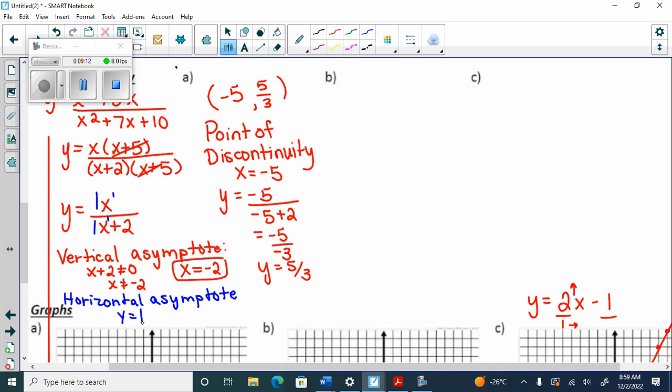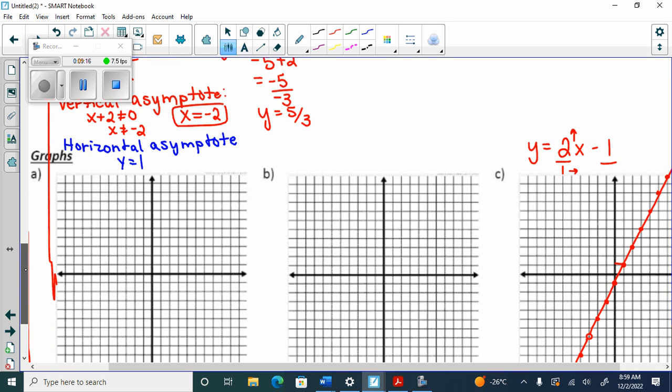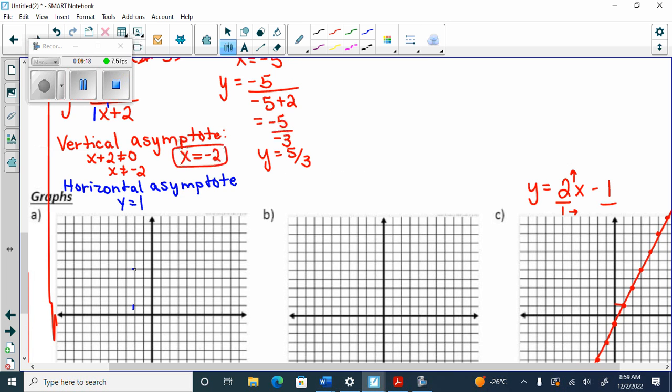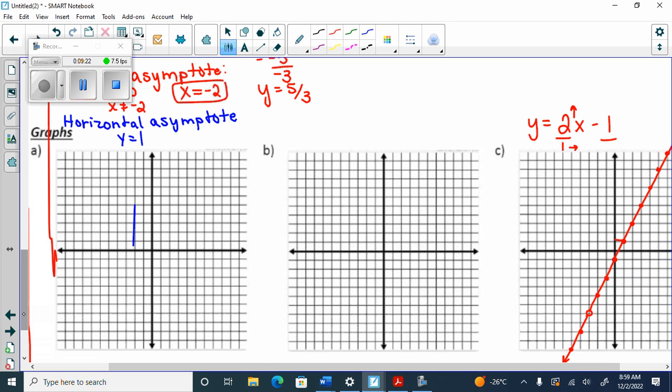So I'm going to put those in first. I'm going to go x equals negative 2. Now some people, I've done this every single time in the past. I draw a dashed line on x equals negative 2. Then I come to the test, and everyone does not draw it.